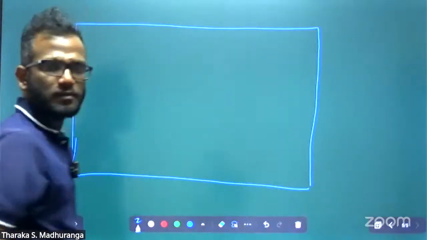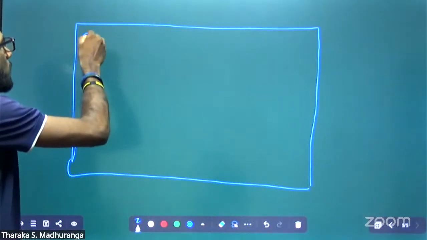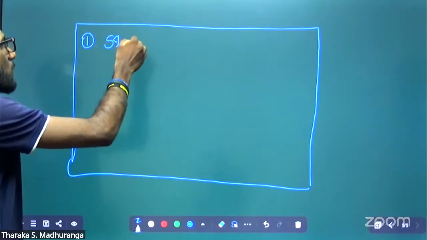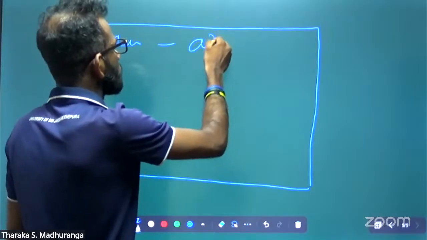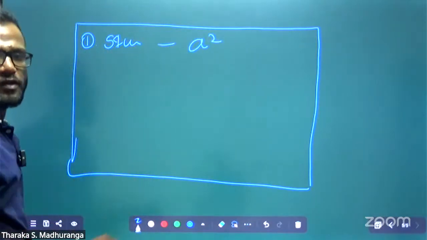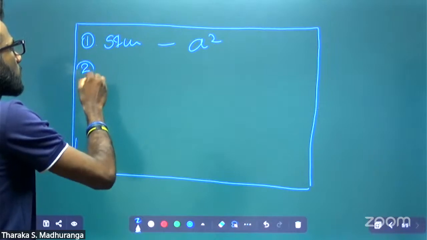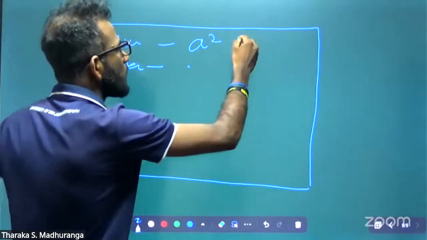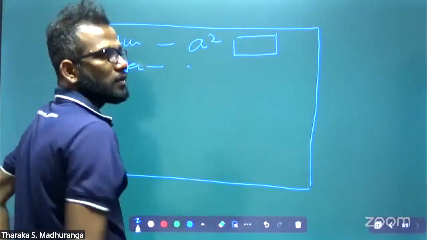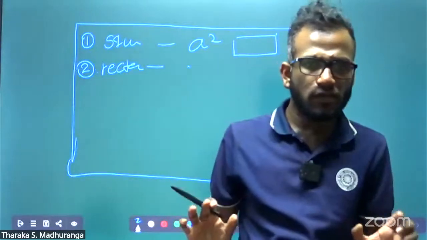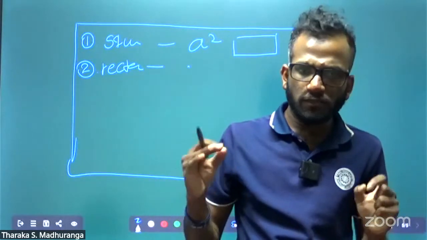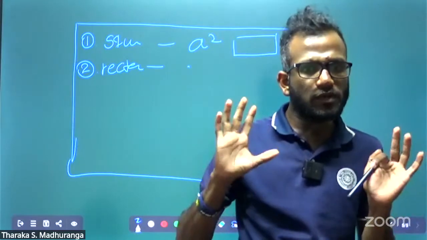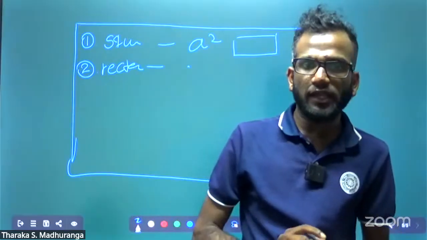Then write down first the square, then the equation a squared. Then write down the second one, rectangle. If you want, you can draw a small figure here. You don't need a specific method. In your own way, you can prepare an attractive short note for the area equations.